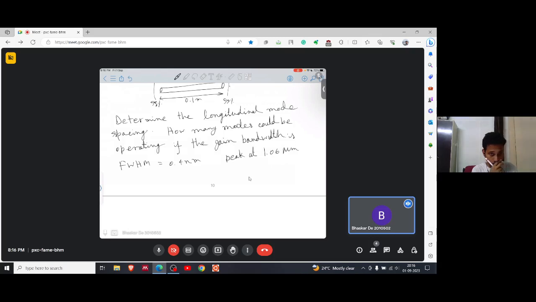So this laser is mode locked, so you don't need to know about the mode lock. Just understand that in a mode locked laser all the modes are lasing, so from all the modes you are getting the emission.